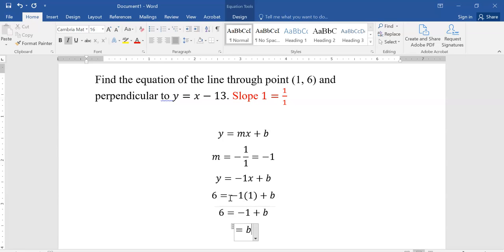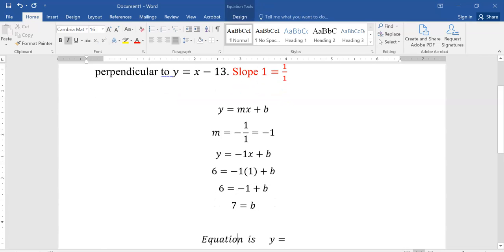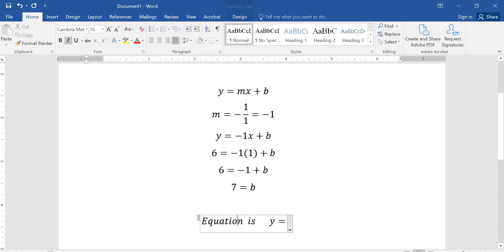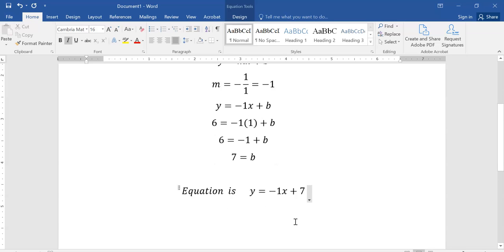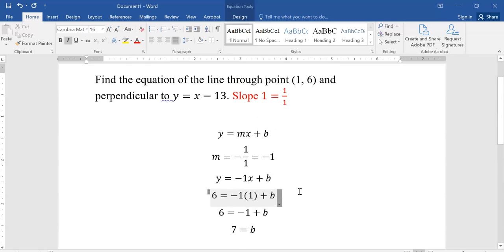So you can add 1 to both sides and end up with b equals 7. So there you go. B is 7, m is -1. Now I know what the equation is. The equation is y equals -1x plus 7. So that is the equation of a line that is through the point 1, 6 and perpendicular to y equals x minus 13.